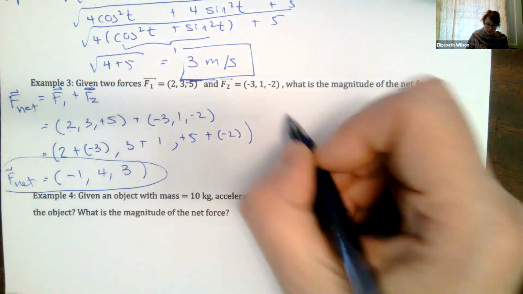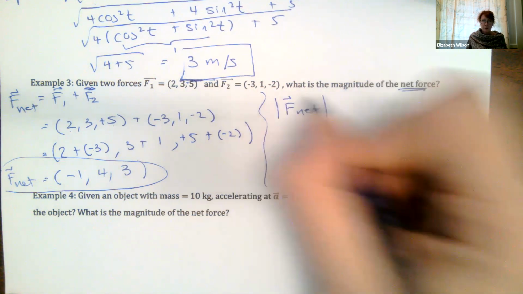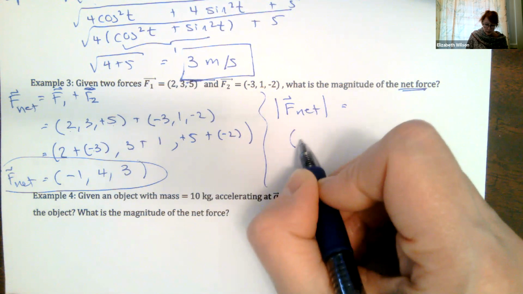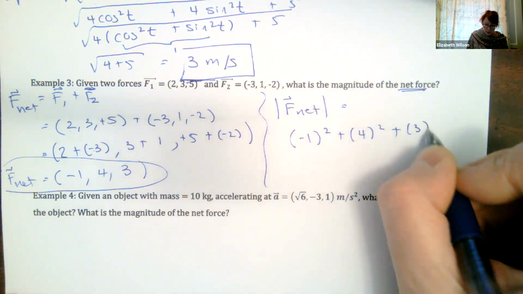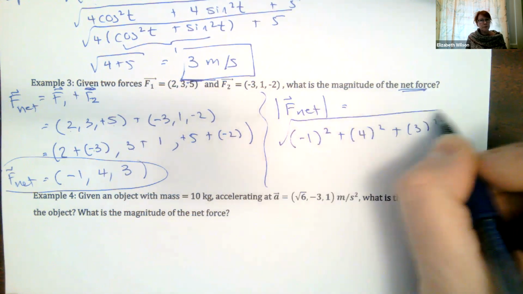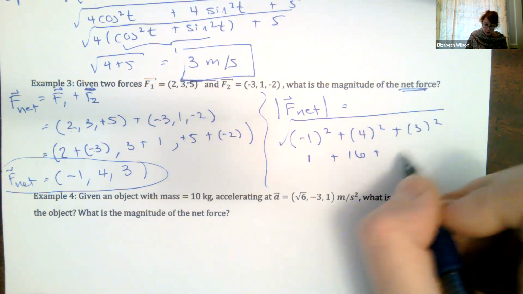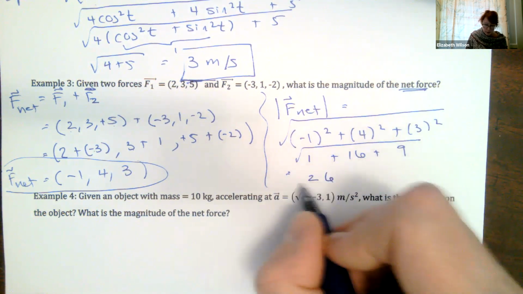And now I want to be able to find the magnitude of the net force. I'm going to take my components and square them. I'm going to sum up the squares and take the square root. So this is 1 plus 16 plus 9, which is equal to 26 inside the radical.